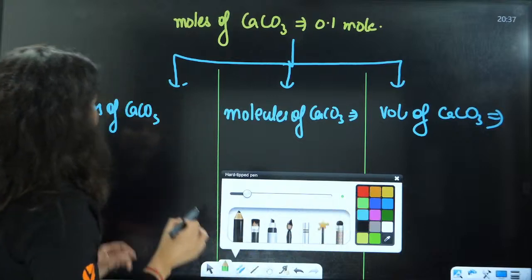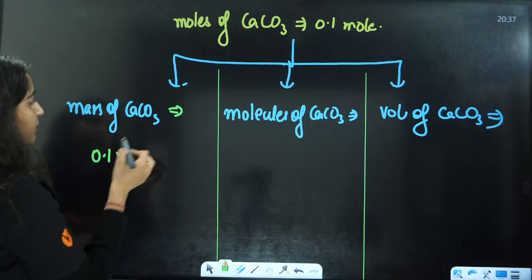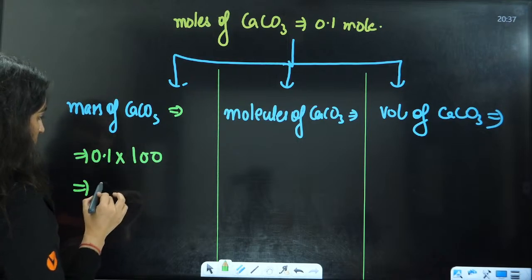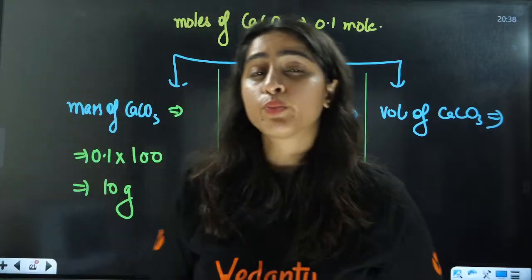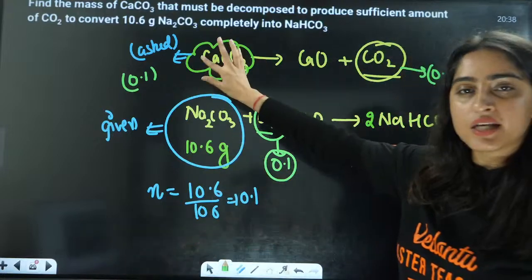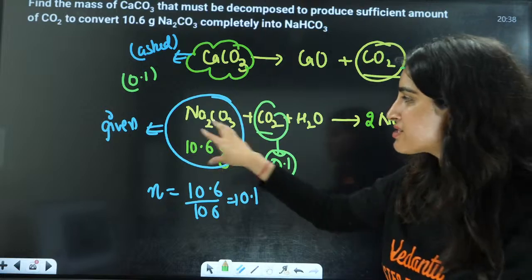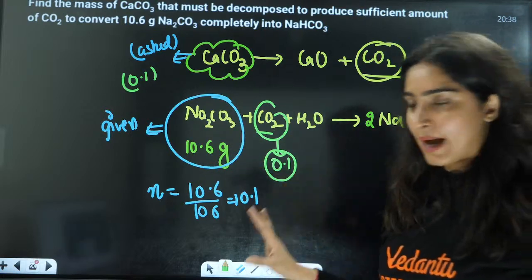By the mole concept, mass will be equal to the number of moles multiplied by the molar mass of CaCO3, that is 100. That is 10 gram. 10 gram of CaCO3 is required to convert 10.6 gram completely to sodium bicarbonate.